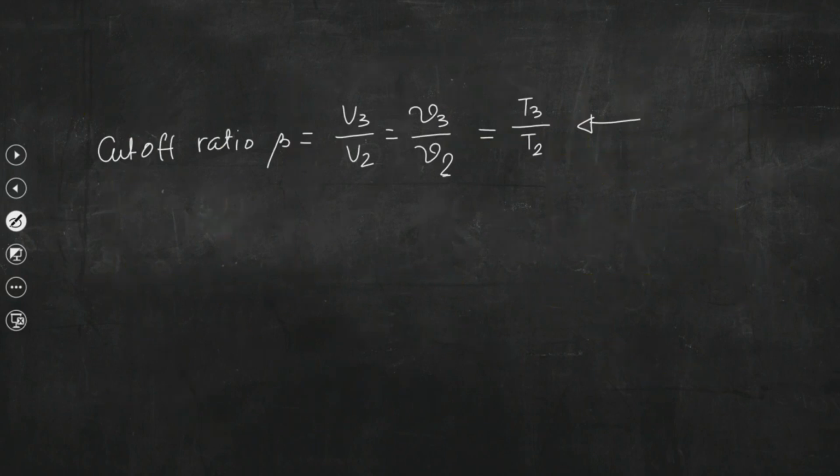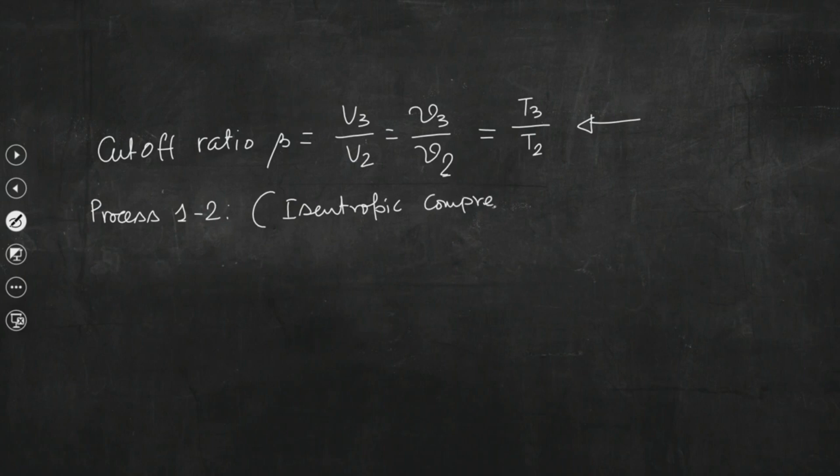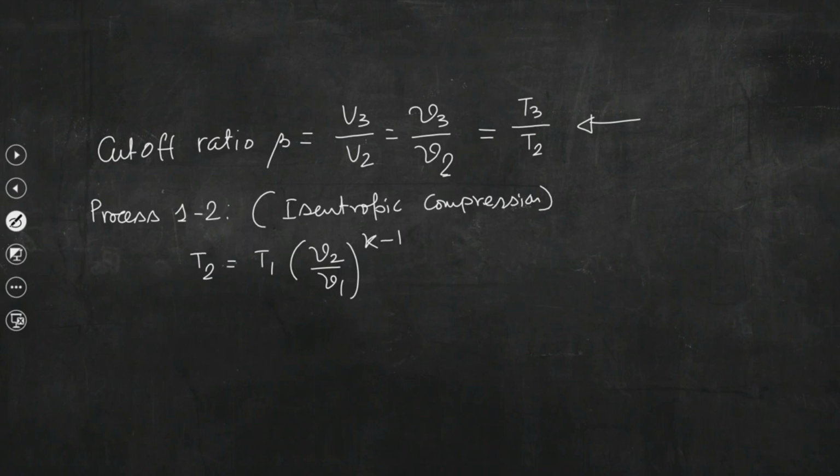So, if we go to the first process, process 1 to 2, that is isentropic compression, right. Isentropic compression, both valves are closed. I am not going to write that, and we can write T2 equal to T1 V2 by V1 power k minus 1. So, this is very important, and okay.